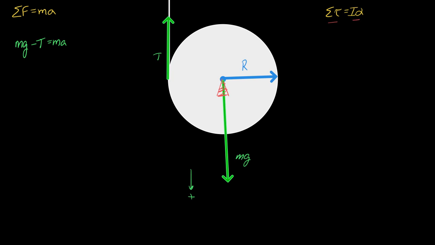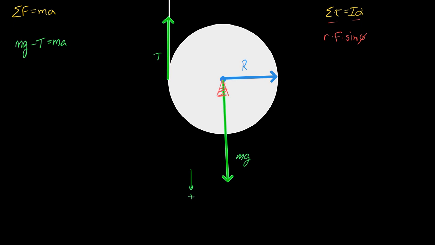So looking at my forces, do these forces cause a torque? Is there a force that is acting with a torque arm distance that's other than 0? Which one? Tension. So I'll remind myself that every torque has 3 parts. Those are the 3 parts.